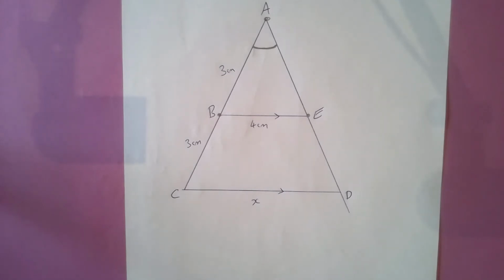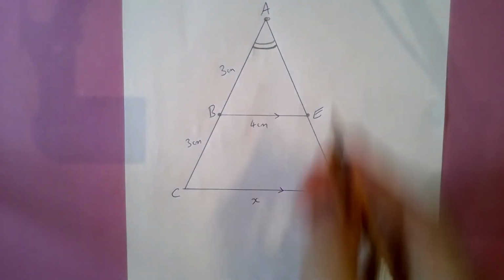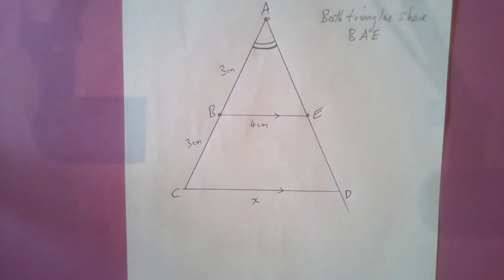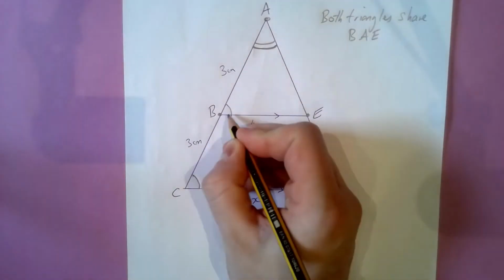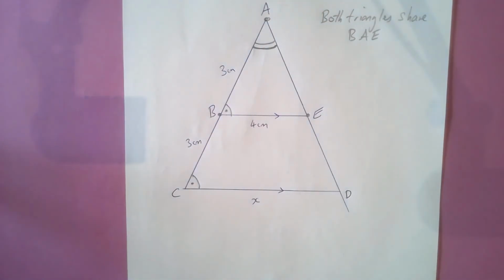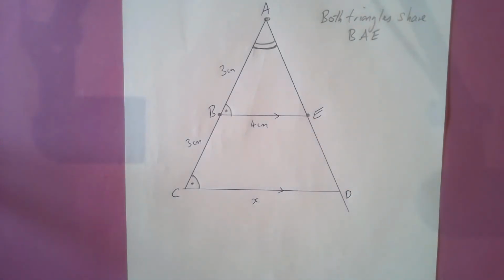First off, both triangles share the same angle at the top, this one. Secondly, this angle and this angle are corresponding angles because we have parallel lines along the bottom, so they have to be the same as well.